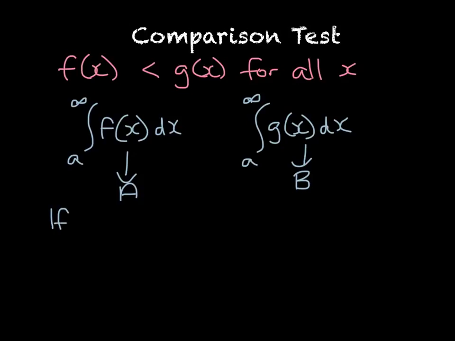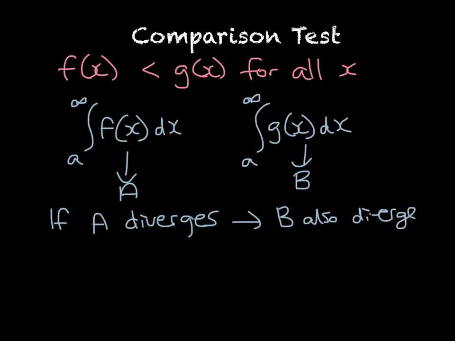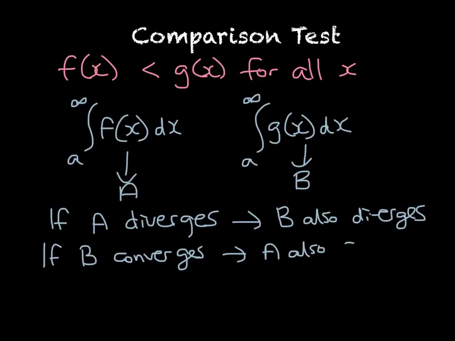So what we can say is, if we know that a diverges, then it must follow that b also diverges. Also, if we know that b converges, then we know that a also converges.